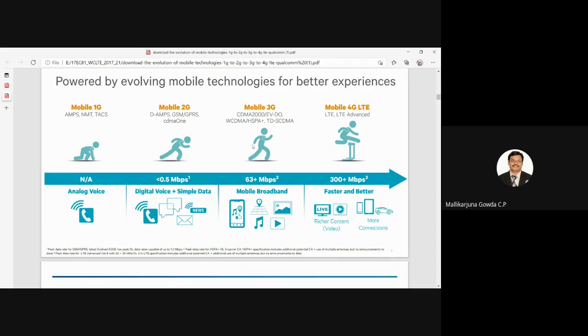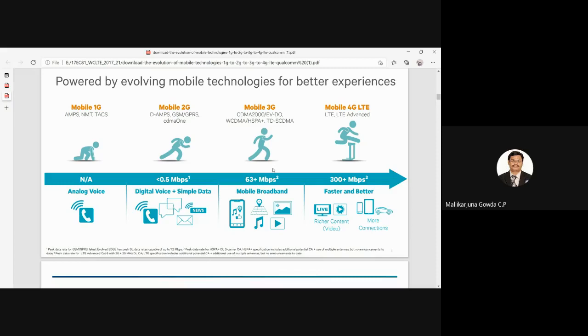Here we will be able to achieve a data rate of around 63 plus Mbps. So here the picture has come with mobile broadband. With respect to 2G, there is an improvement in the data rate. You will be able to listen to music, find your location, and monitor the weather report and other things, right?